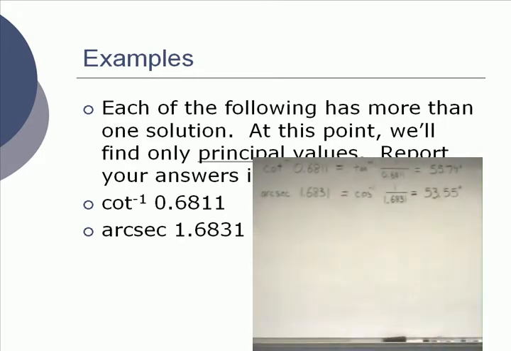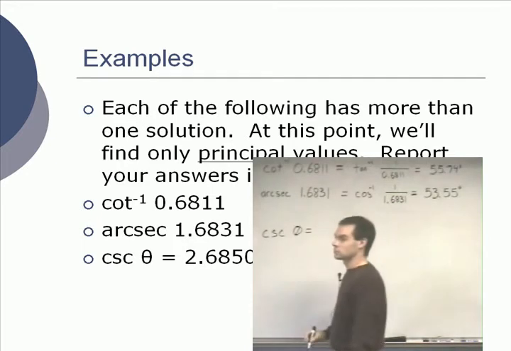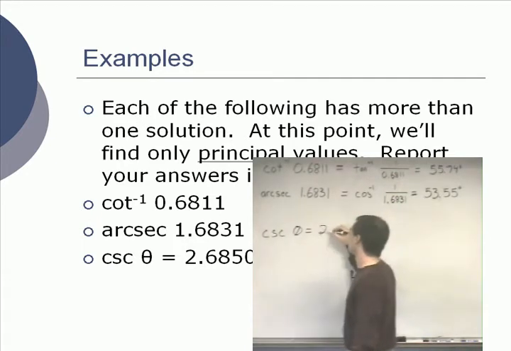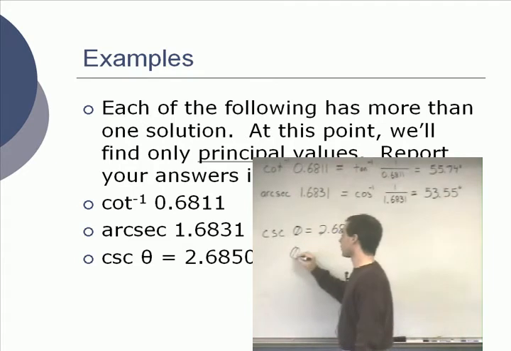All right? And another. Here, the cosecant of theta equals 2.6850. So what is theta equal to?